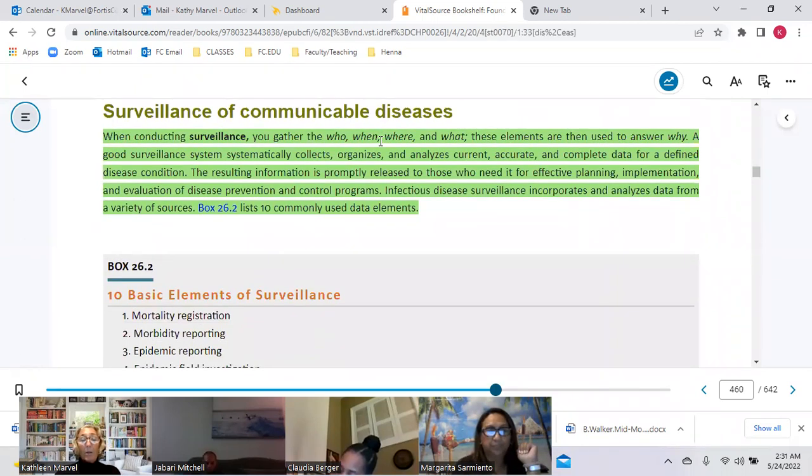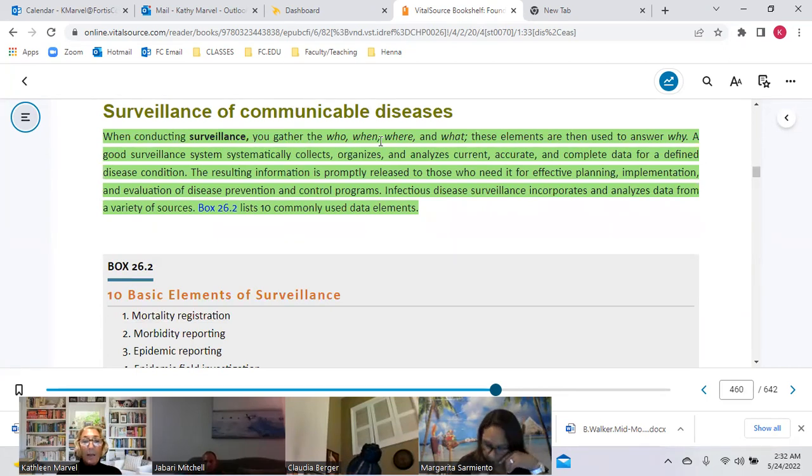How do we surveil communicable diseases? Well, we first start by gathering the who, when, where, and what. So gather as much information as possible. And then when we have all that information, then we can start to answer the question of why. Right? So a good surveillance system follows the nursing process, right?